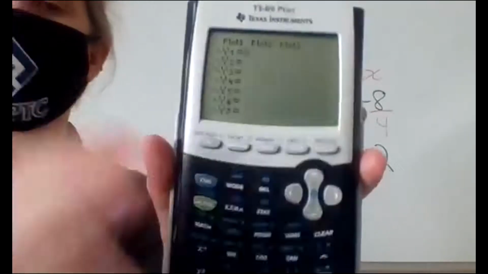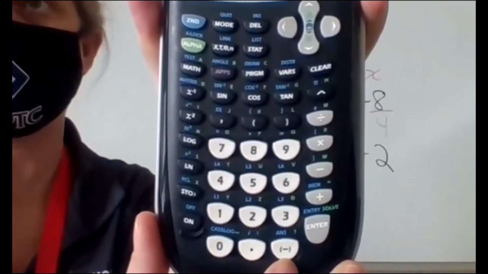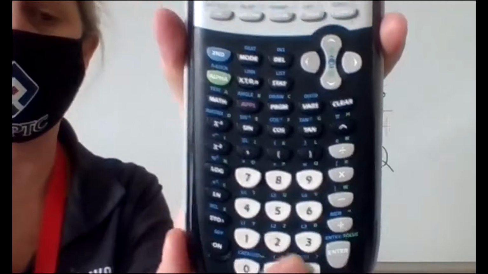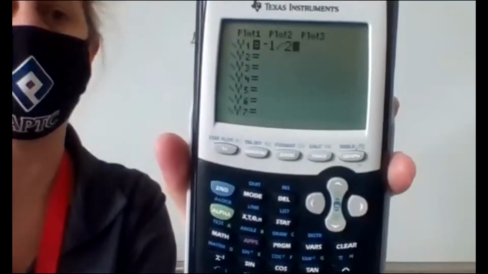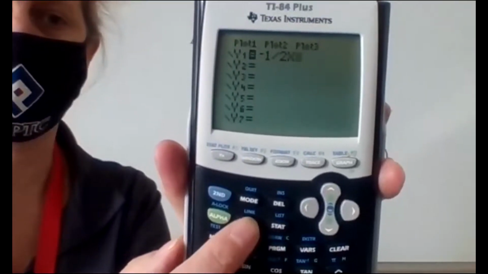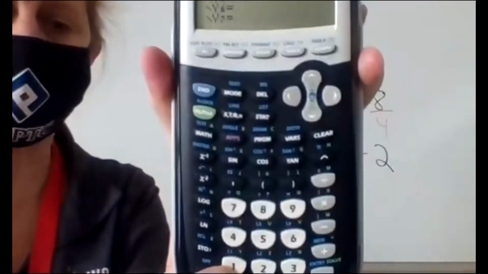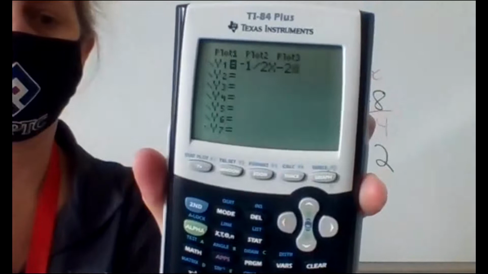Negative 1/2. Remember, your negative button is below the 3. It's not the minus button, it's the negative button. So negative 1 divided by 2 gives me that negative 1/2. Remember, your x button is here. And then minus 2.